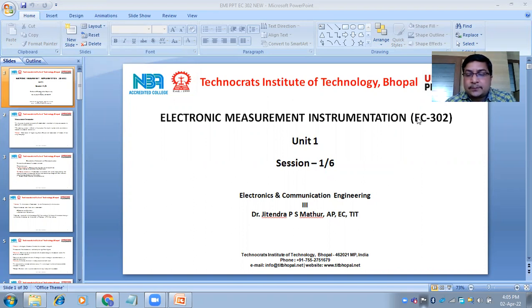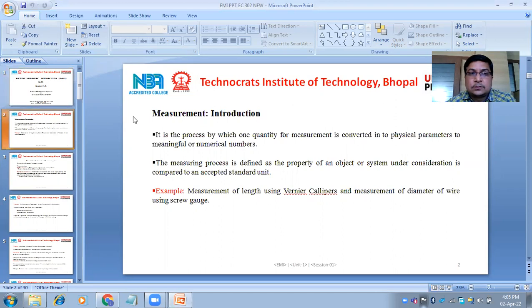So today we will discuss the fundamental concepts of the first unit of Electronic Measurement and Instrumentation. What do we understand by measurement?